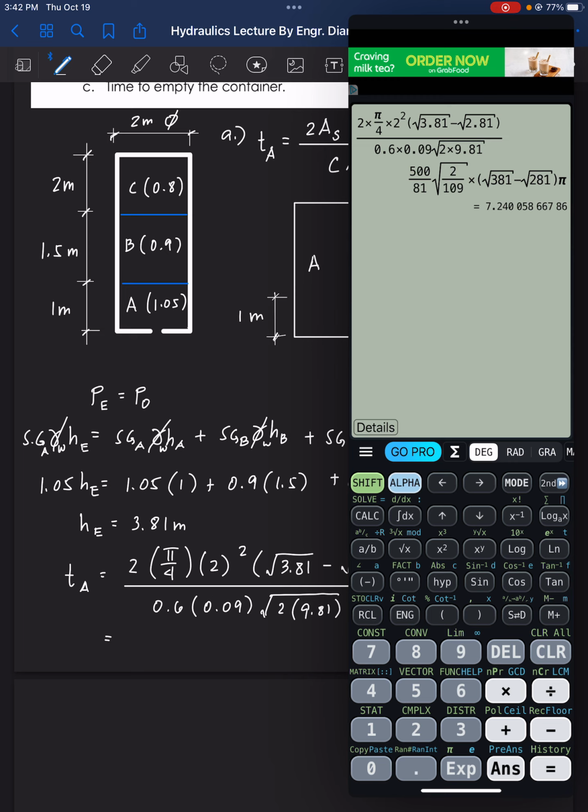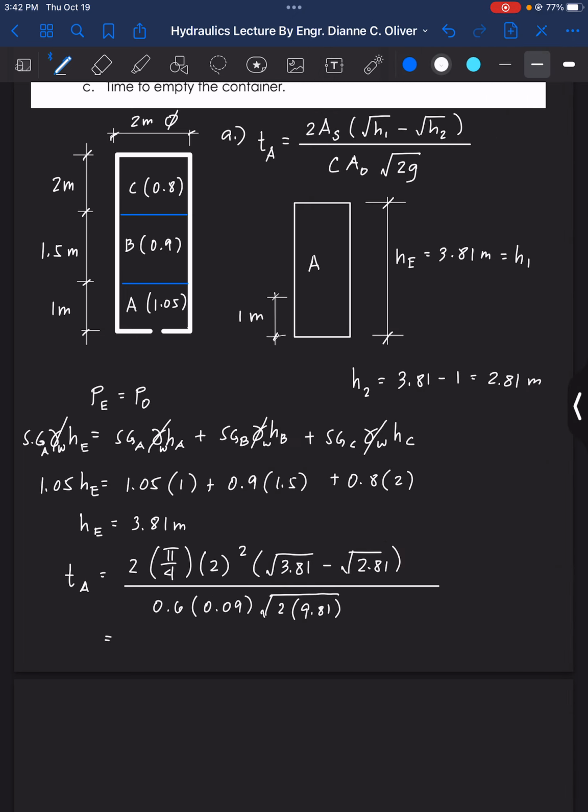So 7.24 seconds. So the time to remove A is 7.24 seconds. That's for letter A.